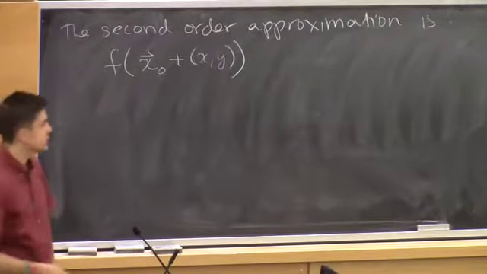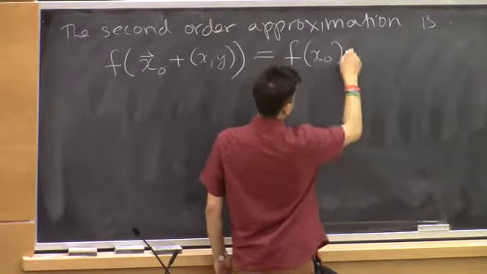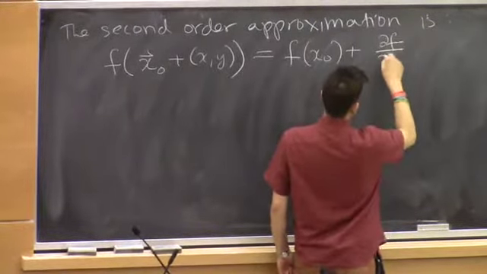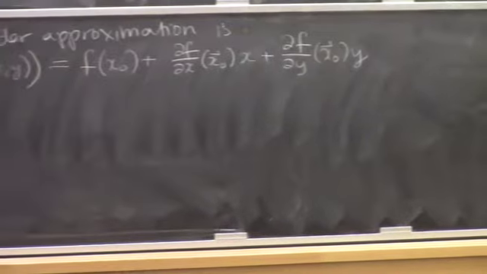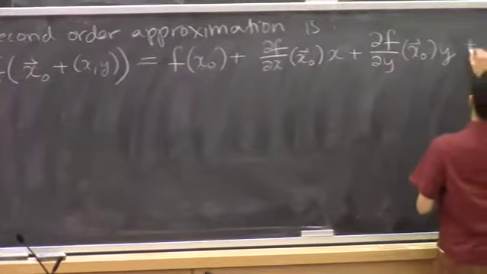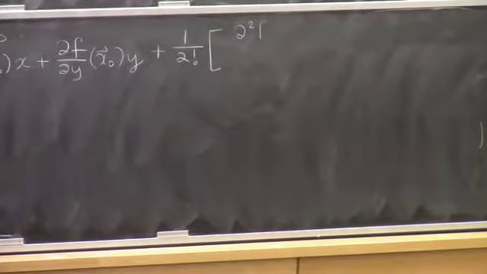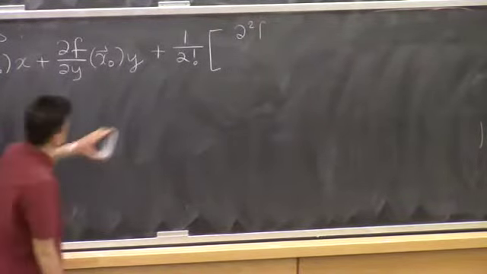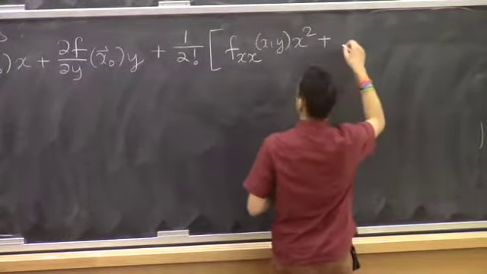For second order approximations, we do the same kind of thing. We plug in the value of our function plus all the first order terms, and now we add on the second order terms.